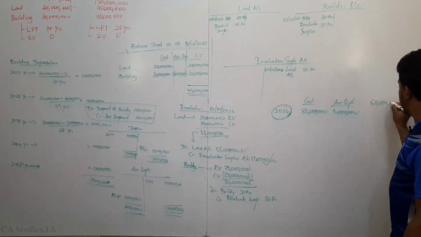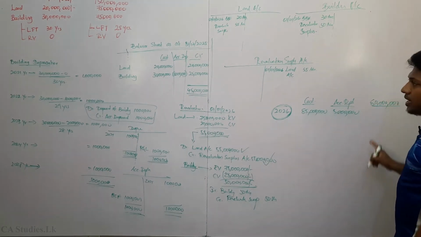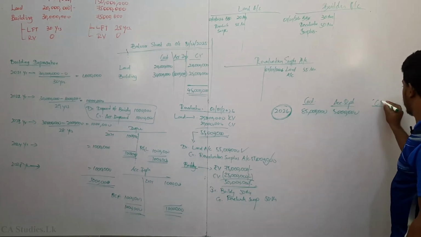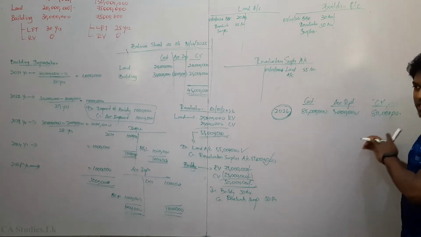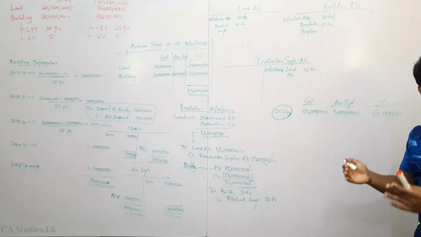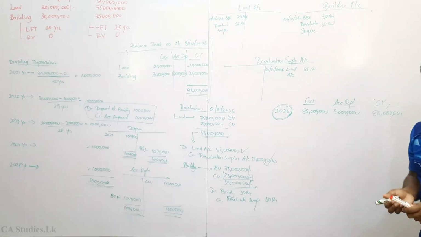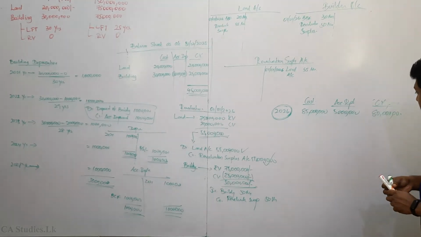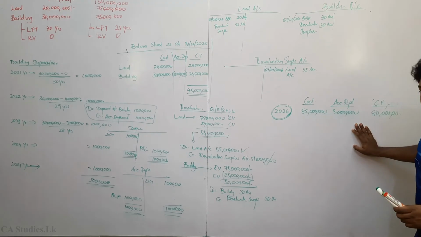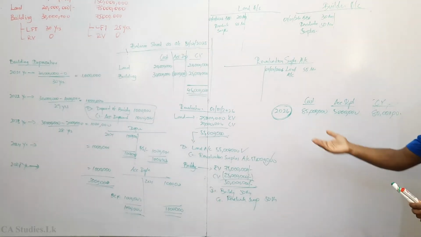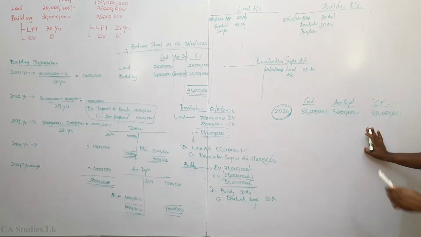From this 80 million, we reduce the residual value, and the balance is the depreciable amount for the balance 25 years. The residual value is 0 here.